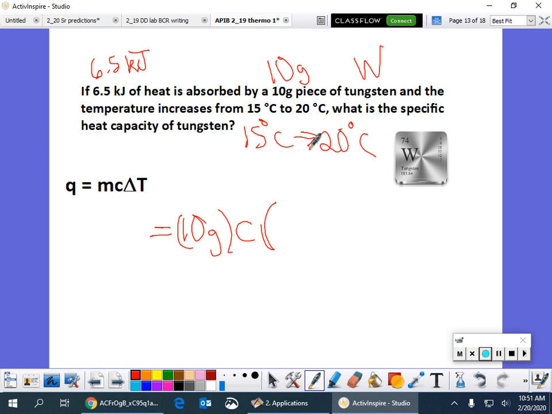Sorry, I wrote that incorrectly. So our delta T is going to be positive 5 degrees Celsius. We're solving for C, right? And then 6.5, and this is going to be in joules. We've got 6.5 kilojoules. So how many joules is that? 6.5 times 10 to the third joules, right?